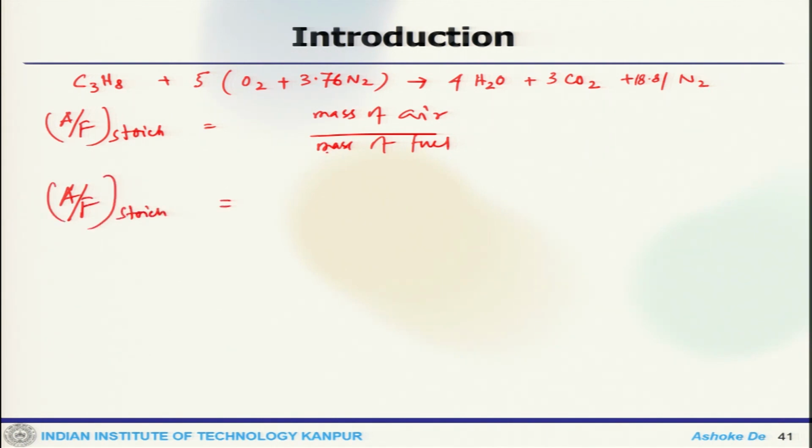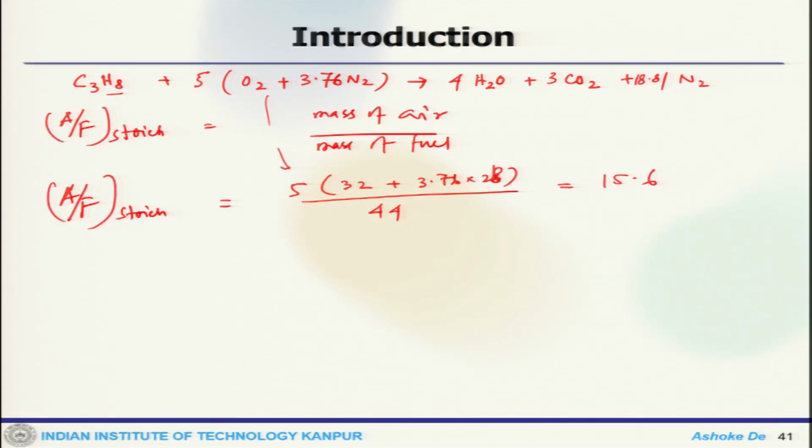Here the mass of air is 5 into 32 plus 3.76 into 28, divided by 44, which is the mass of fuel. That will get you around 15.6.